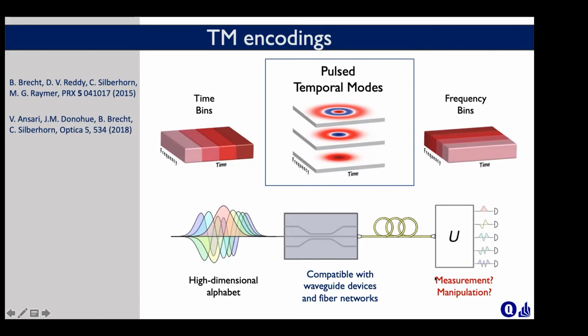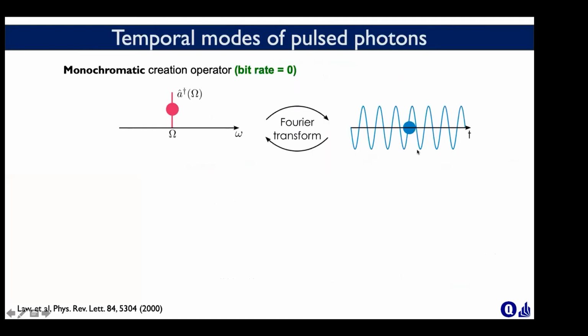The only problem is how we measure and manipulate them, because you can't just do a spectral measurement or a temporal measurement, since then you will mix them up again. Now, for the students, these temporal modes are not a very simple concept, to be honest. Why? When you start introducing quantization, the first thing you do, and you might not even remember, is to talk about a monochromatic mode.